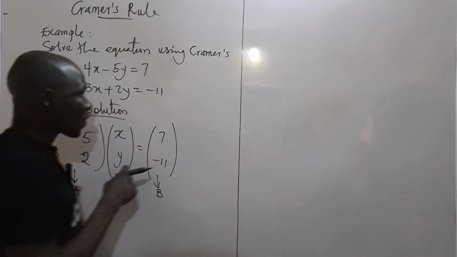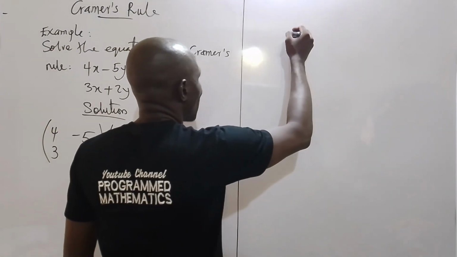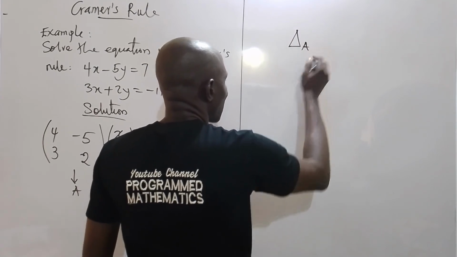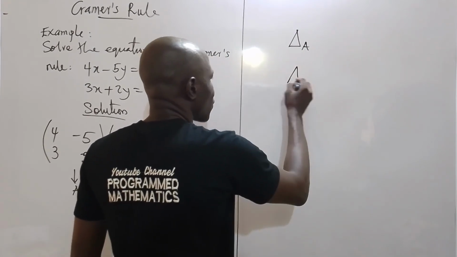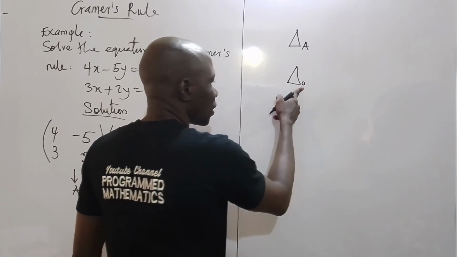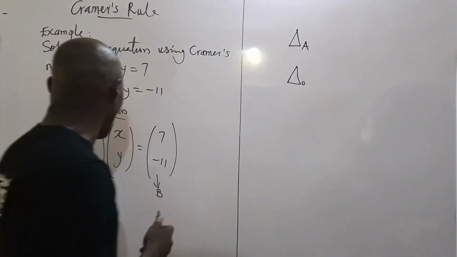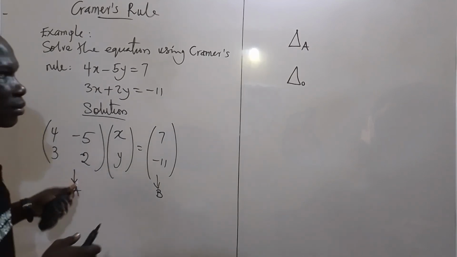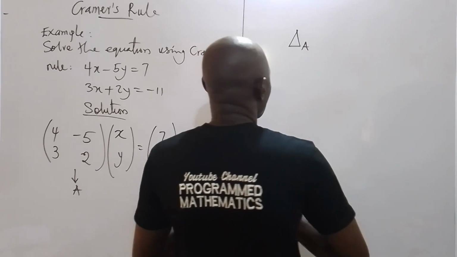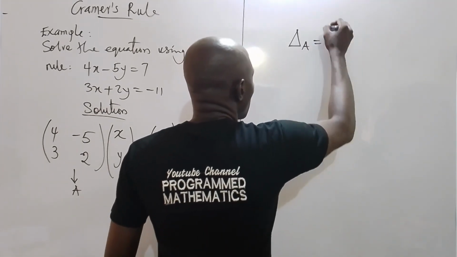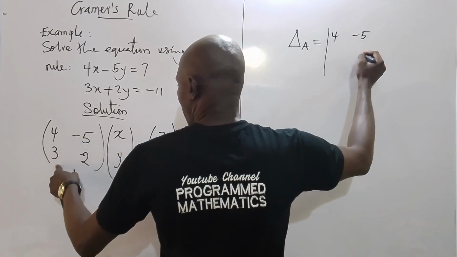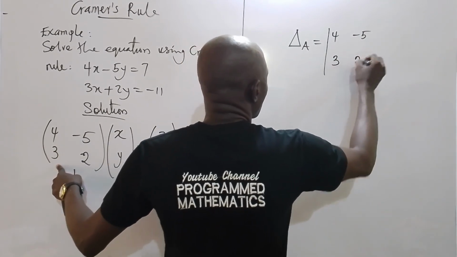So let's find the determinant of the original matrix A. We can write that as this. You can decide as well to use delta naught to represent the determinant of this matrix of coefficients. In this case, the determinant of matrix A simply means the determinant of 4, minus 5, 3, and 2.